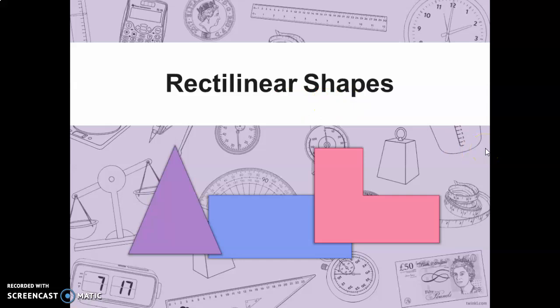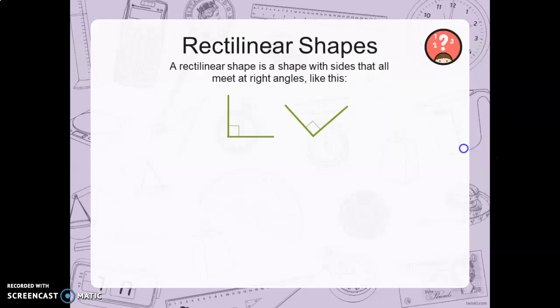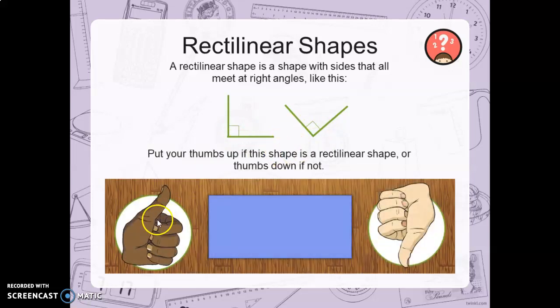What do you think the word rectilinear means? A rectilinear shape is a shape with sides that meet at right angles, just like this. Put your thumbs up if this shape is a rectilinear shape, or thumbs down if not.